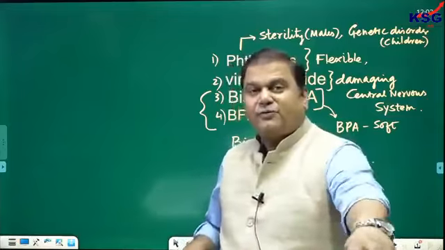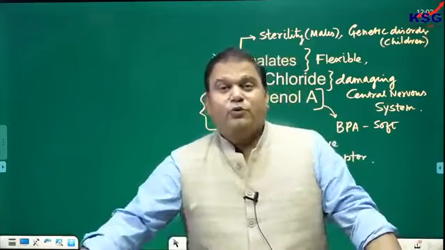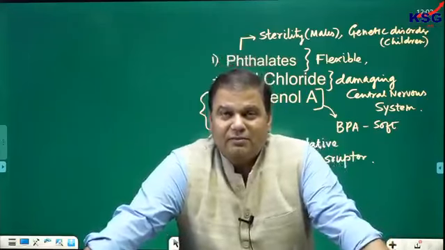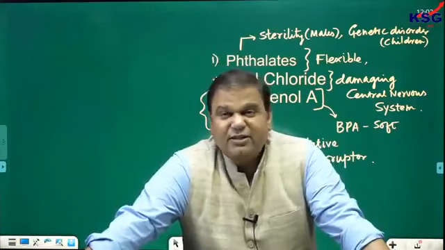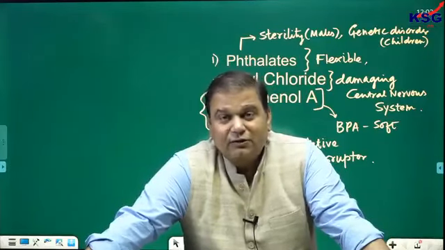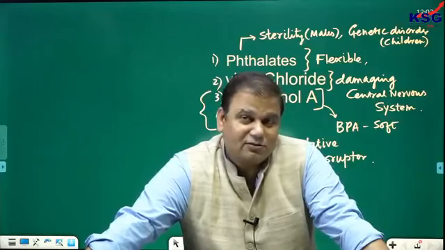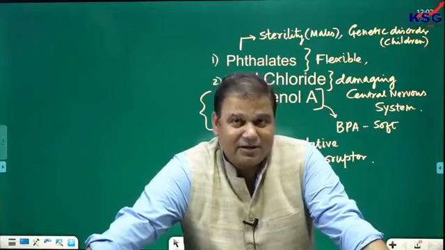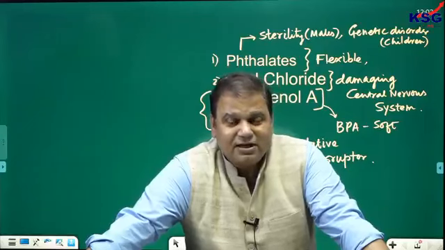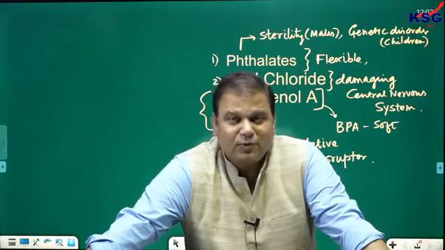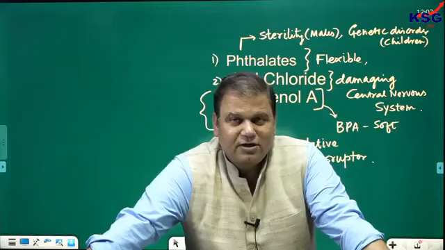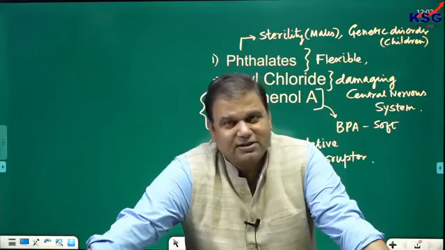And dioxins and furans, you have learned that both are carcinogenic in nature, and we have discussed dioxins and furans when we discussed landfills. Clear, so no need of covering up again in that manner, but we will make a reference that burning of plastic would be responsible for emission of gases which are carcinogenic in nature, called dioxins and furans.